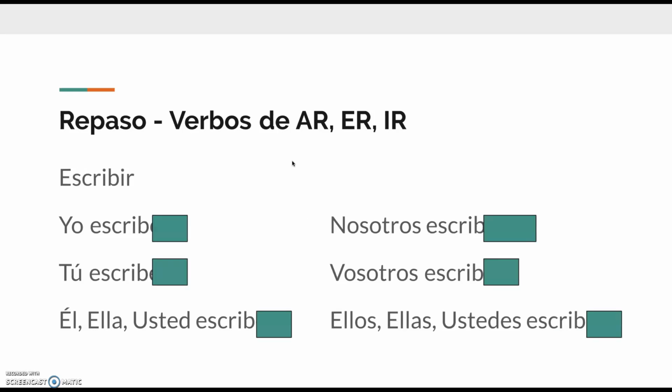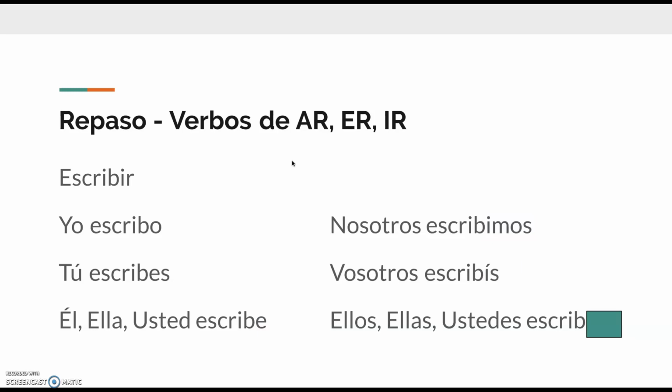And finally, our IR verbs. For escribir, we have yo escribo, tú escribes, él, ella, usted escribe, nosotros escribimos, vosotros escribís, ellos, ellas, ustedes escriben.